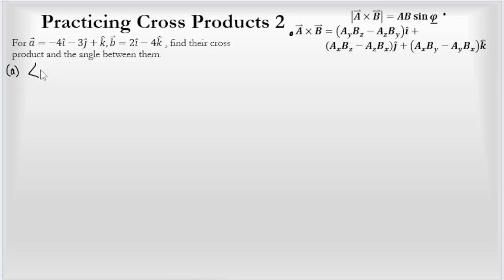So I'm going to note that my vectors here are negative 4, negative 3, and 1. The other one is 2, 0, negative 4. Okay, there's no J component in this one, so I can put that. So I'm going to do the same thing as I did before.